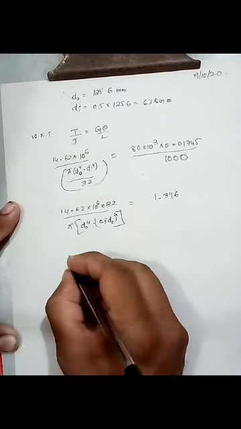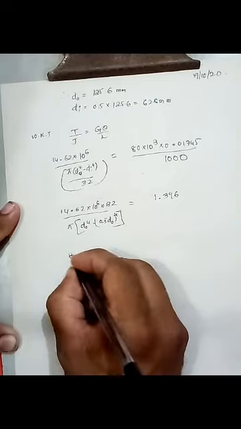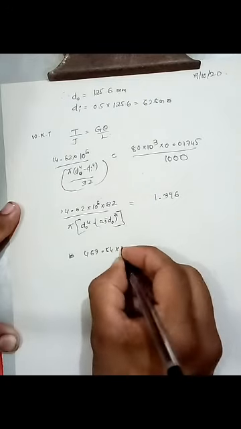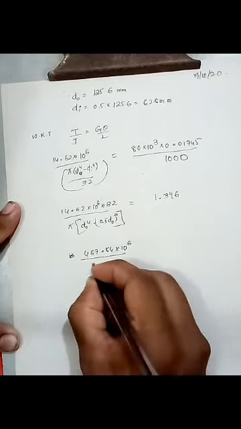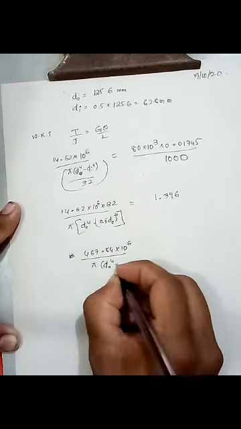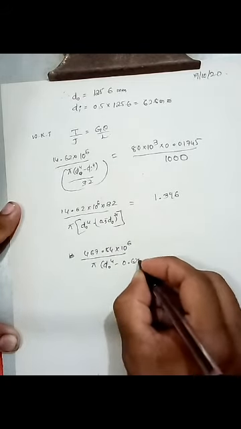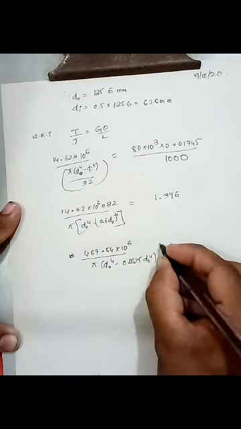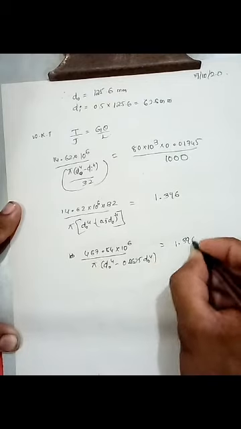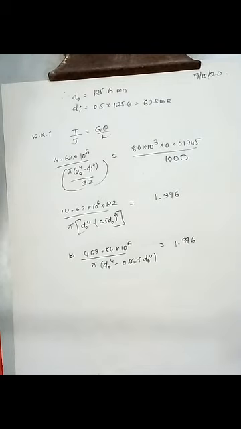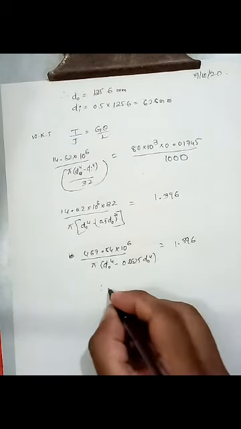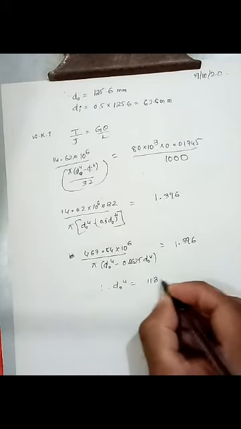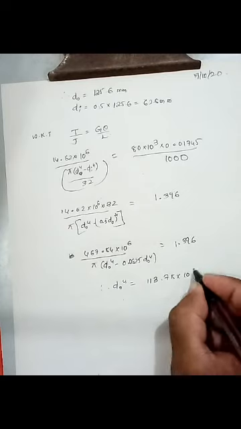So finally 467.84 into 10 to the power of 6 divided by pi (d naught raised to 4 minus 0.0625 d naught raised to 4) will go 1.396. So finally I get d naught raised to 4 equals 113.78 into 10 to the power of 6.